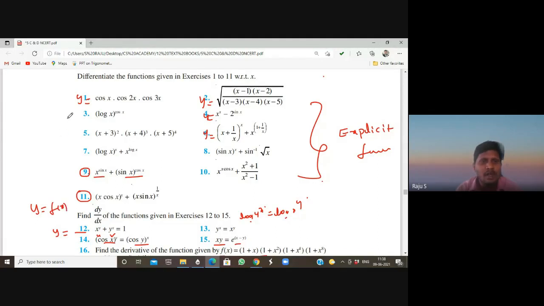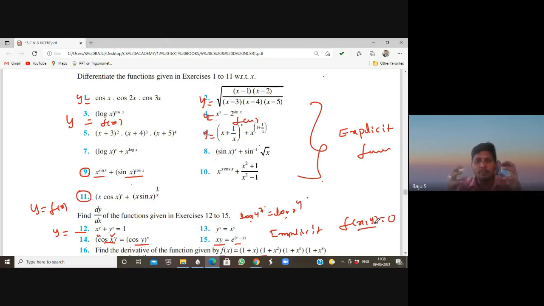Till question number 11, all are y is equal to f of x form, functions in terms of x. But from the 12th onwards, we cannot separate the x variable on one side and the y variable on the other side. So these are called implicit functions. What is the general form? f of x comma y is equal to 0.